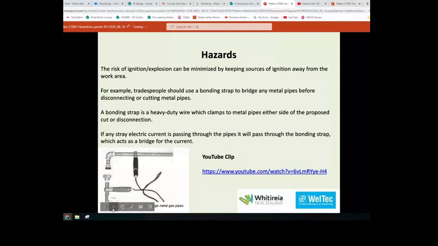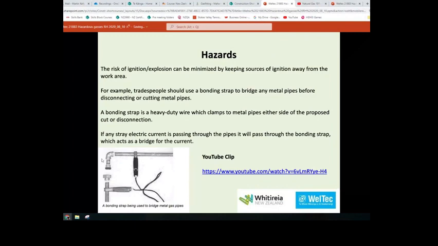So if you're working on metal pipes in a building, certainly in the ground, you should be using jumper cables to protect yourself. They'll also potentially reduce or eliminate a spark from forming, potentially igniting the gas.